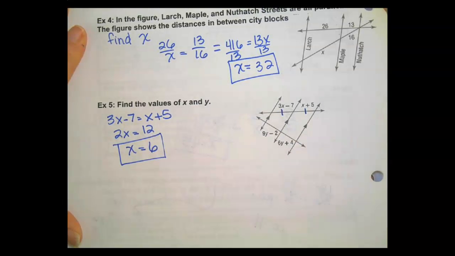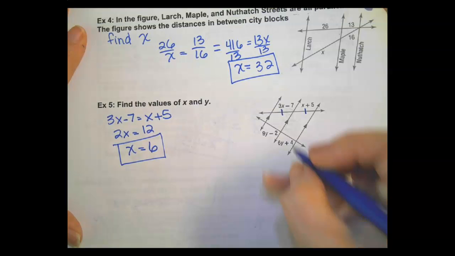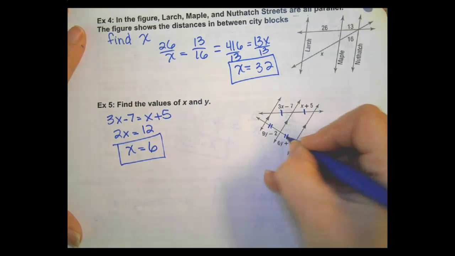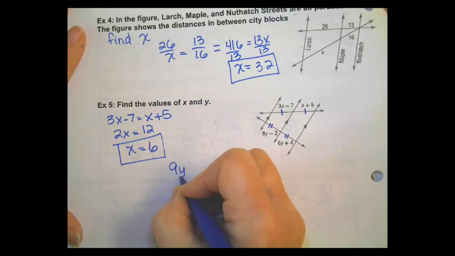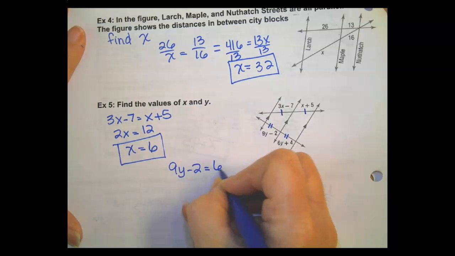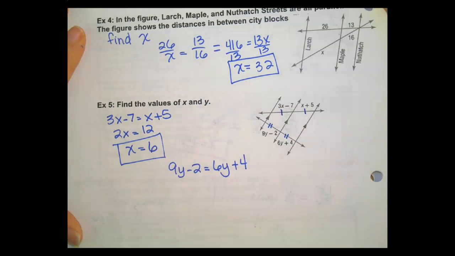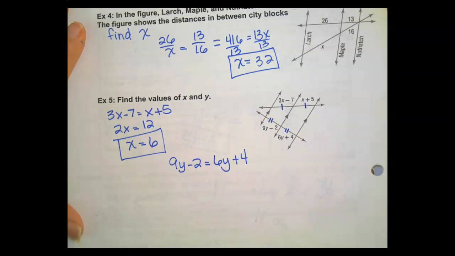And then the other one, they're going to be equal to each other but different values. So 9y minus 2 is equal to 6y plus 4, because of those parallel lines cut by transversals. You've got the 3 that are cutting.